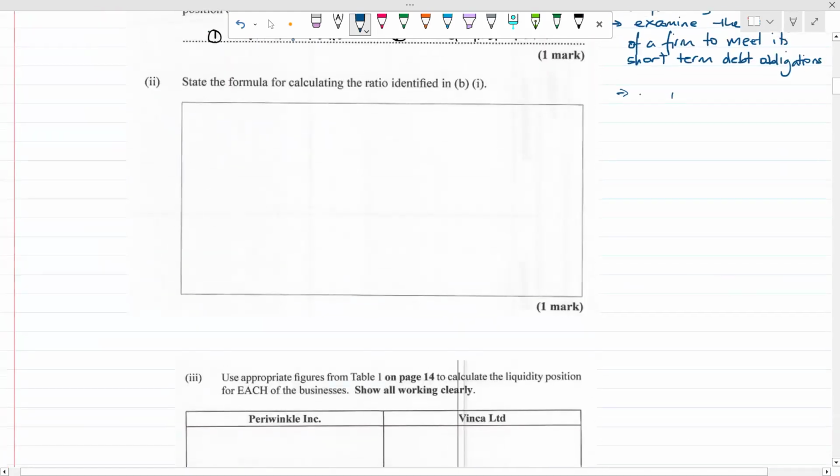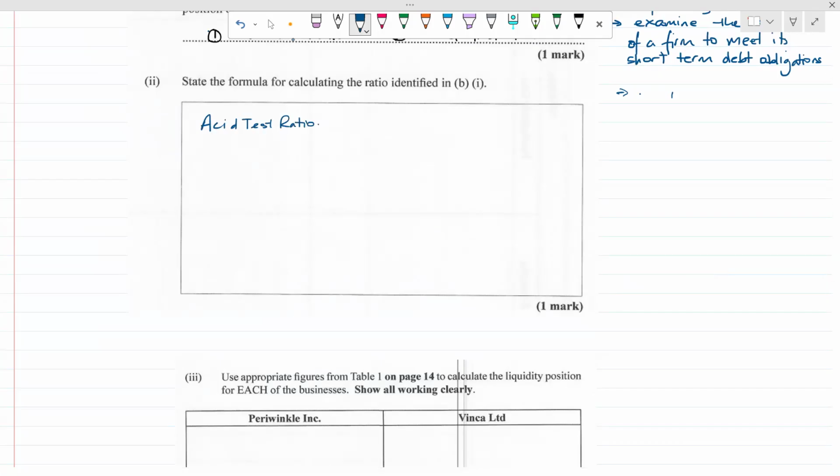Now the formula for your acid test is usually your total current assets minus your inventory, or just omit the inventory, and you divide that by your current liabilities. Current liabilities would include any accruals or any payments you have to creditors, your accounts payable.